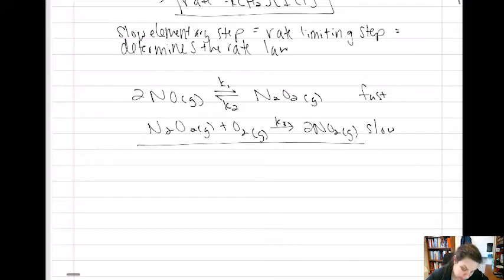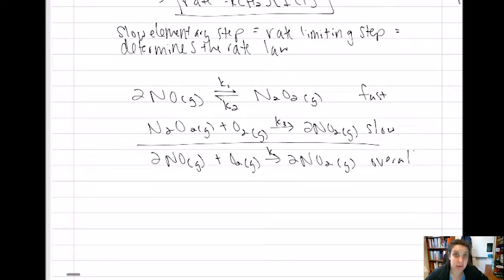Overall, we get a reaction of 2NO gas plus O2 gas goes to 2NO2 gas. Our second step is our rate limiting step, so that's what our rate will be based on.